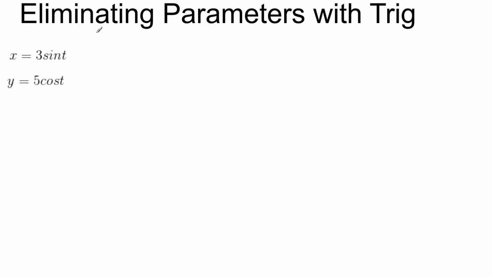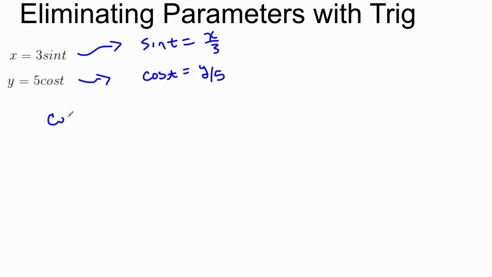Now suppose I want to eliminate the parameter in a situation like this, where I can't just plug one into the other. Let me start by solving the x one for sine, and that's just x over 3. And then I'm going to solve the y one for cosine. Okay, well, at this point, what I really need to do is use the trig identity, cosine squared plus sine squared equals 1.